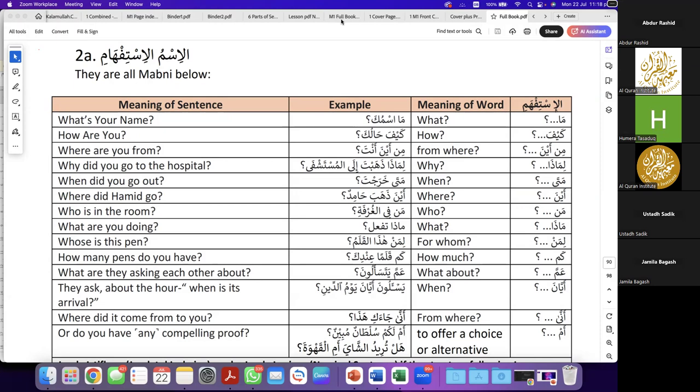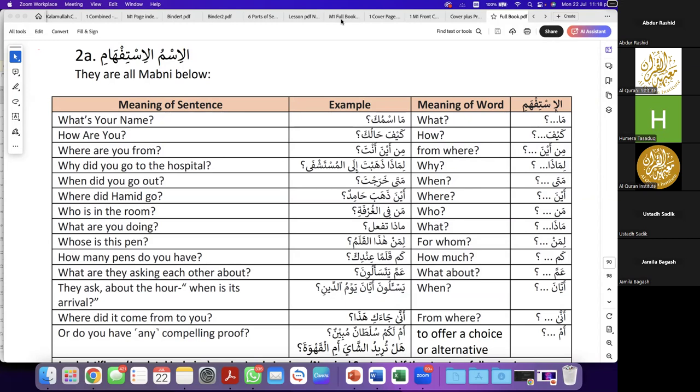Yes, the i'rab does not change. And what we mean by that, Module 1 students, is the haraka. For example, the first word we have in Ismul Istifham is ma, which means what. So the i'rab of ma will never change. Mabni means the i'rab, the haraka, does not change.